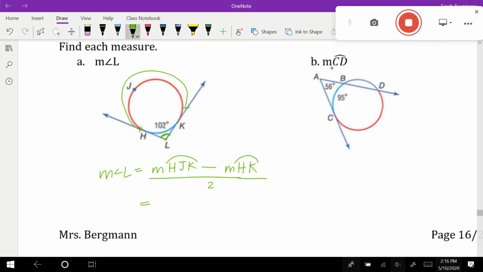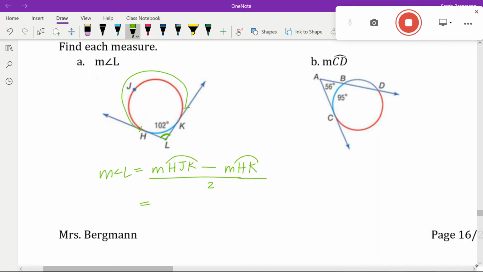So we know that the measure of arc HK is 102. That one's labeled in our photo. However, we need to find the measure of the red arc. Remember though, the measure of the full circle is 360 degrees. So if we take 360 degrees minus 102 degrees, that should give us the measure of the red arc.